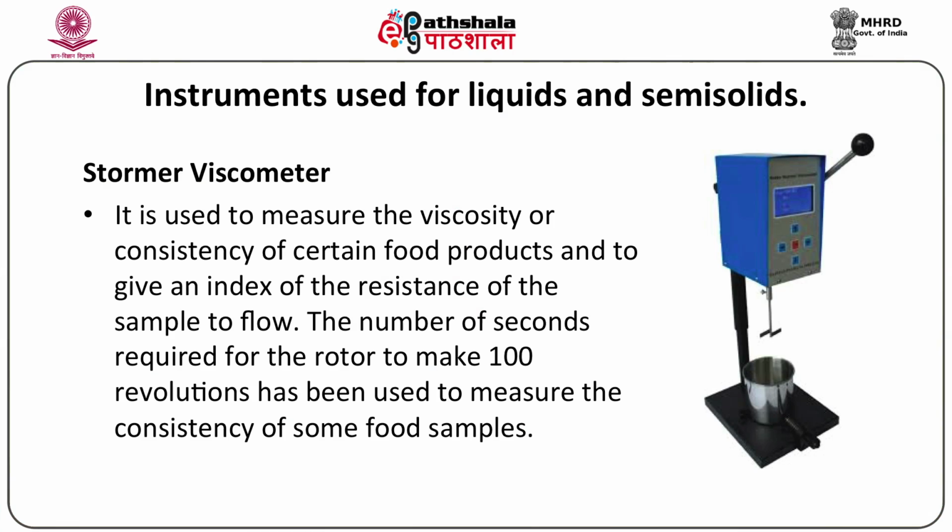One such instrument is a Stormer viscometer. It is used to measure the viscosity or consistency of certain food products and to give an index of the resistance of the sample to flow. The number of seconds required for the rotor to make 100 revolutions has been used to measure the consistency of some food samples.